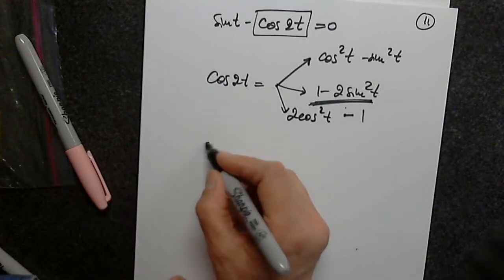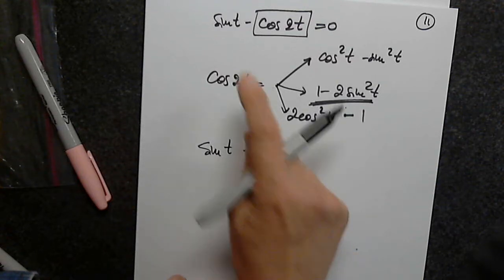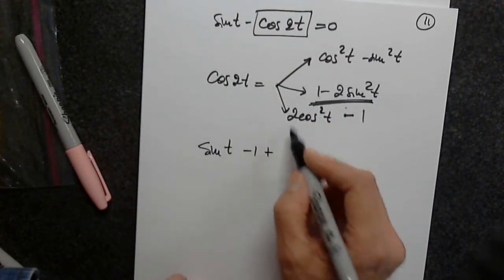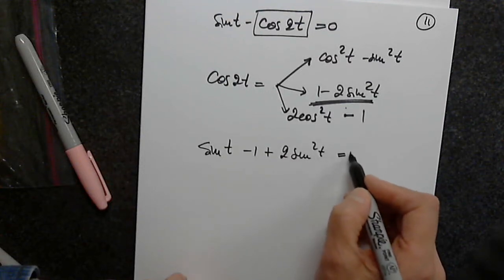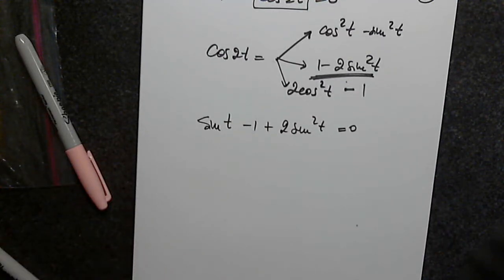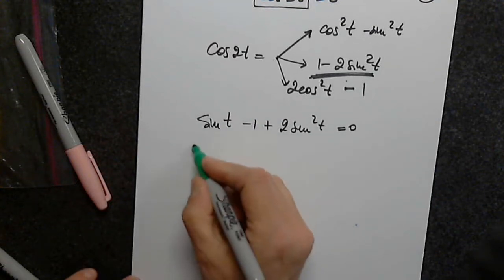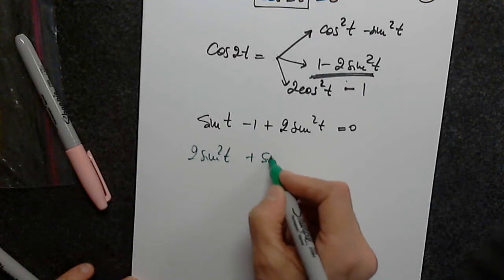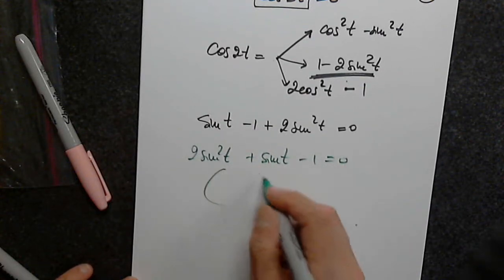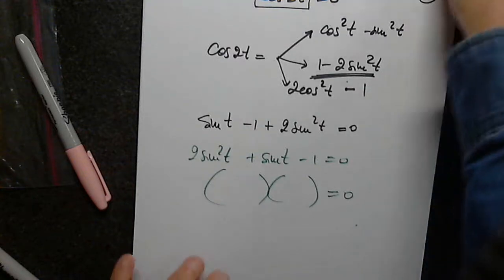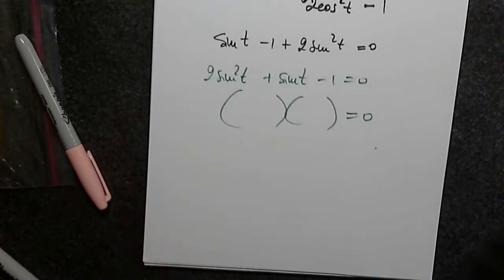So the new equation becomes sine t minus 1, because I have to distribute negative 1, plus 2 sine squared t equals 0. Now I have to notice that this is not in the correct order. How would you present this? Very good, of course. 2 sine squared t plus sine t minus 1 equals 0. Now we have to find a way of factoring this expression on the left-hand side in terms of sine.